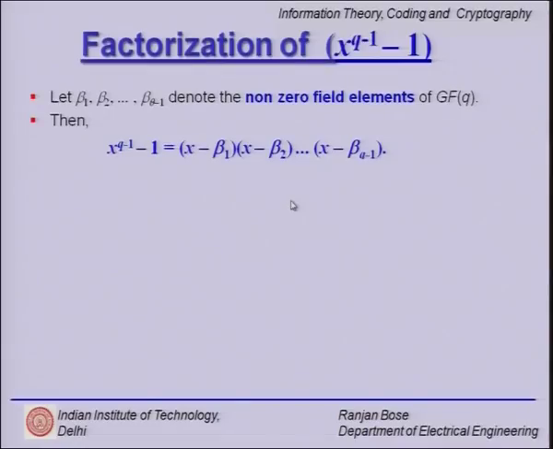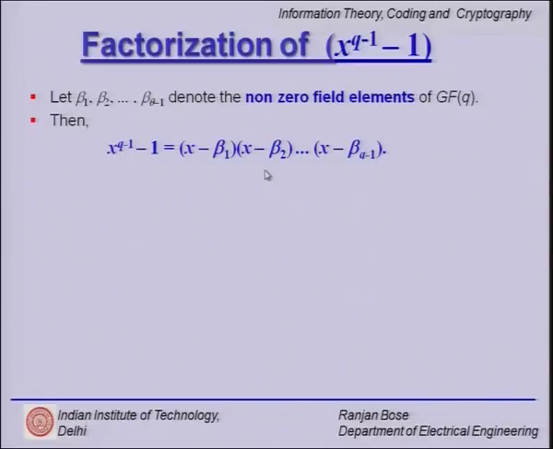Then what we would like to do is express x raised to the q minus 1, minus 1. Please note this is your n, because at the bottom of the calculations we wish to factorize x raised to the n minus 1. That is our primary motivation.